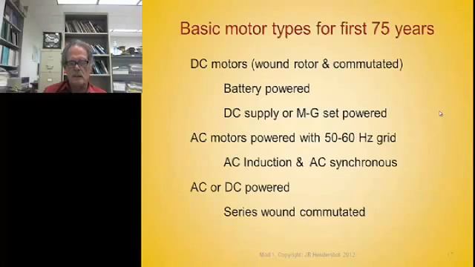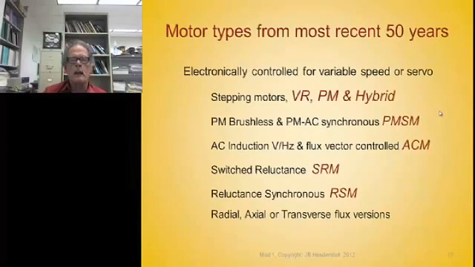There is one unique motor, called a series wound commutated motor, that will run on AC or DC power. However, in the last 50 to 75 years, or principally since the Second World War, after the invention of transistors and microprocessors, these two classes of AC and DC motors evolved into hybrid versions of themselves as they became powered and controlled from inverters, where you could achieve variable speed.